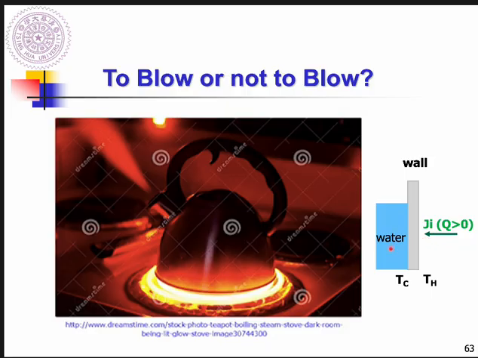But at this moment, you still have water, right? And this water starts evaporating. So you get water vapor pushing on this wall, so you will get a stress gradient.